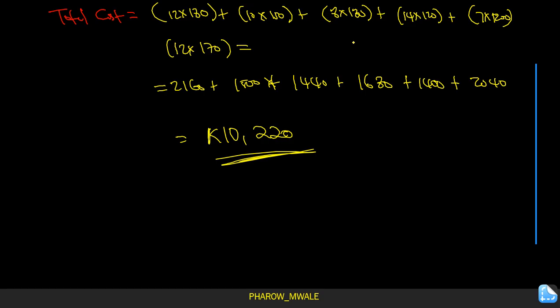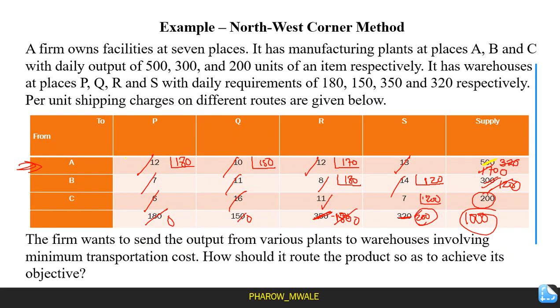Now, to check if your problem is degenerate or not, we use a very simple formula, which is rows plus columns minus 1. So how many rows do we have? We have 1, 2, 3 rows.